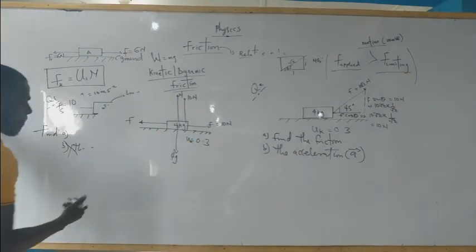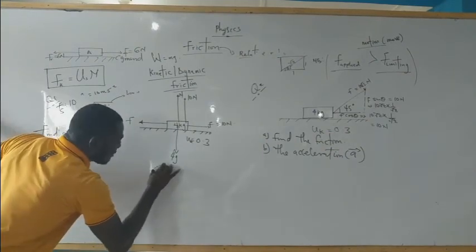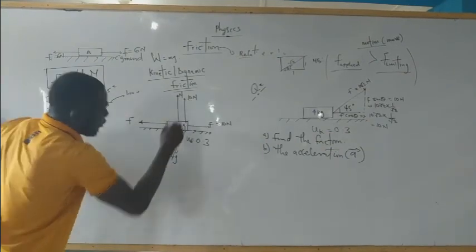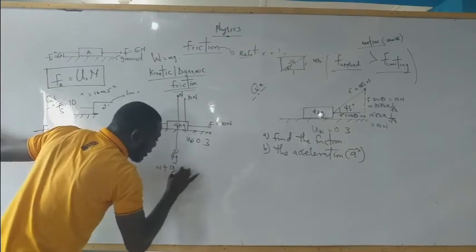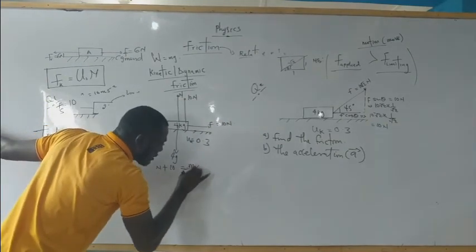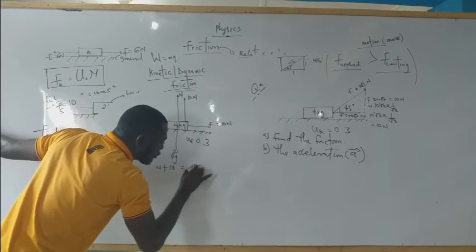From there, we know that N plus 10, facing the same direction, must equal mg, that is 4G.